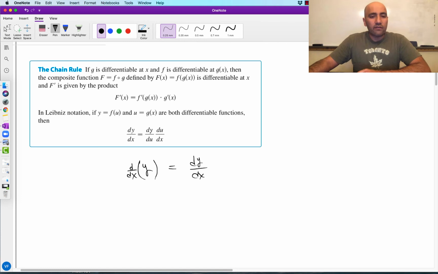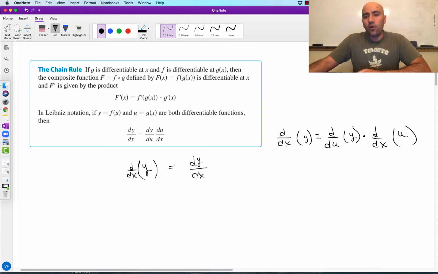This is the derivative of the y function with respect to u, and this is the derivative of the u function with respect to x, right? So we can expand that this way. d dx of y is equal to d du of y times d dx of u.